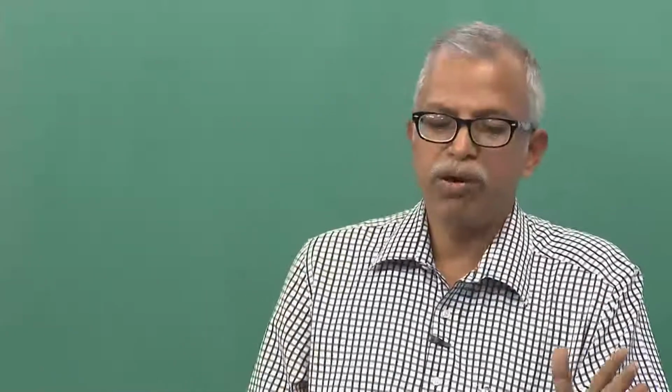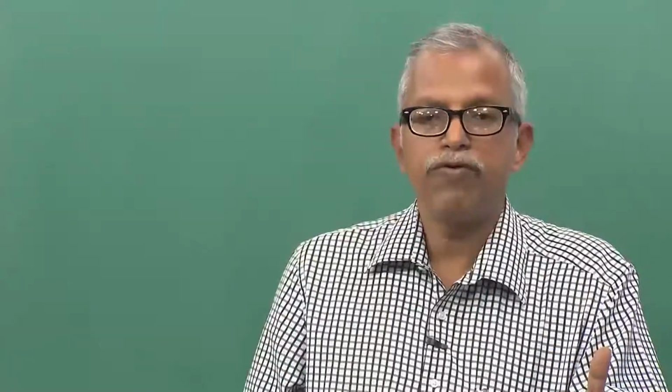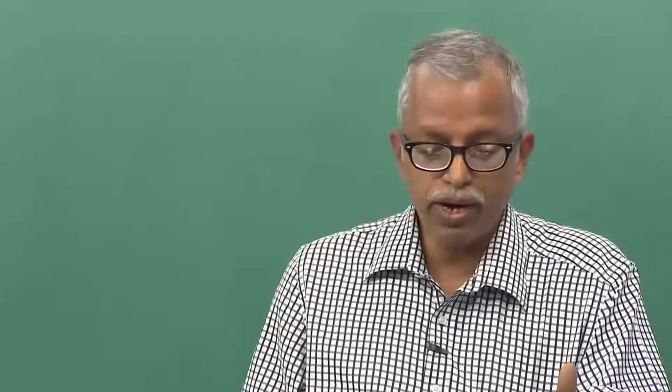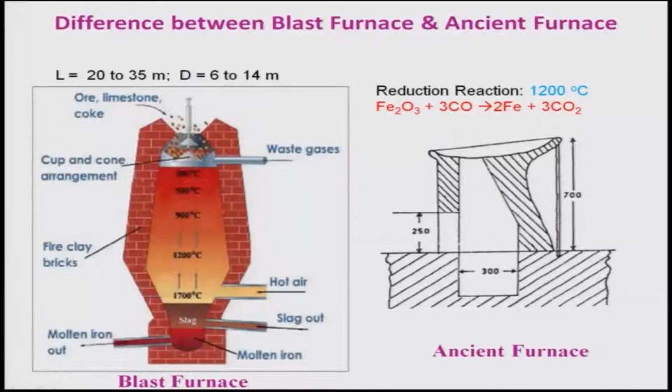Now we will discuss the difference between this and the blast furnace used for iron in modern times. This is one of the workhorses for producing iron from iron ore, and it is quite huge.